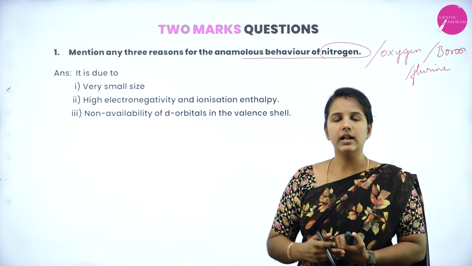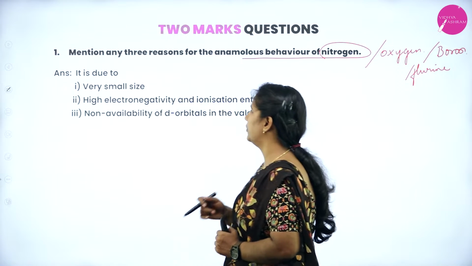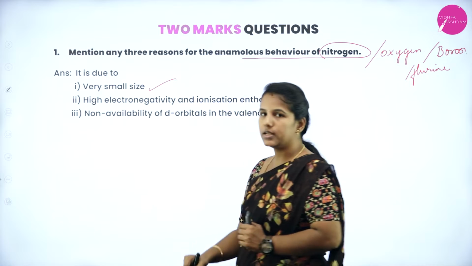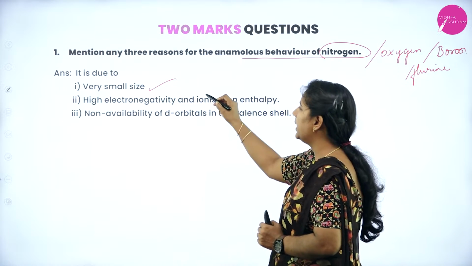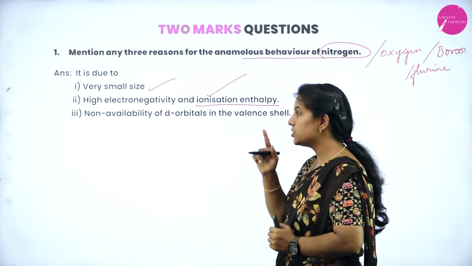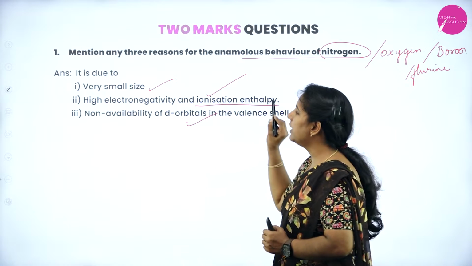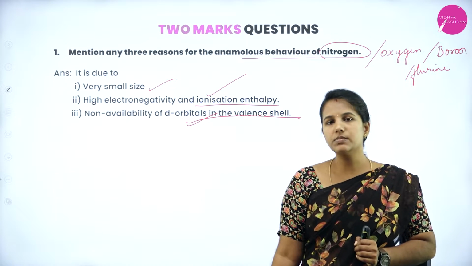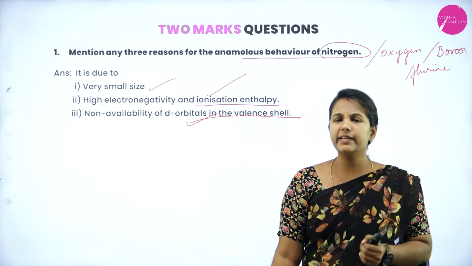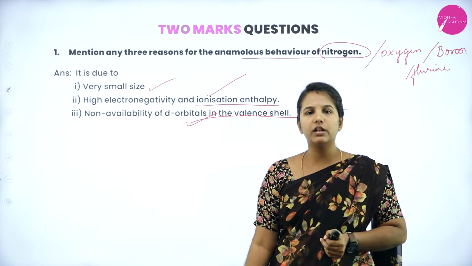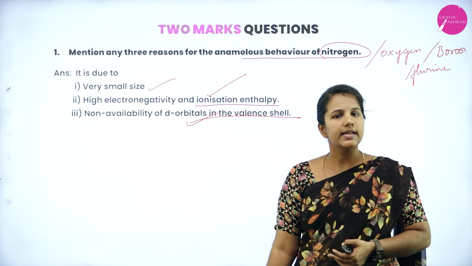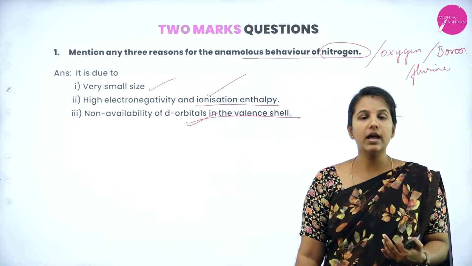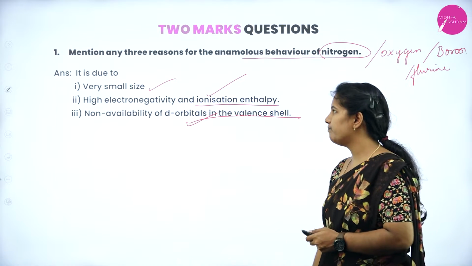Why is it like that? We have to write the reason for that. It is only because of the smaller size, high electronegativity and ionization enthalpy, and non-availability of d orbitals. It is very, very important. In the first member of these elements, there is no availability of a d orbital for further hybridization, so they show anomalous behavior.